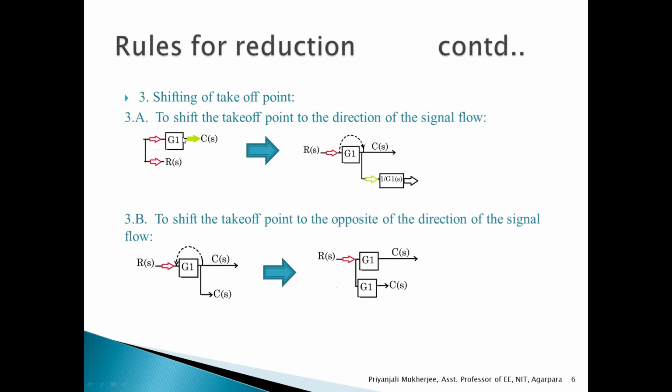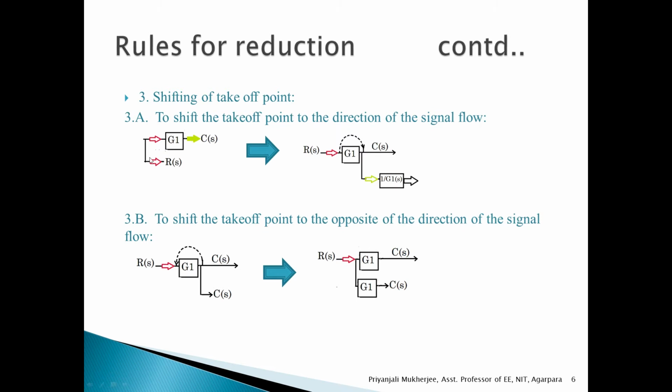So here this is a block G1. Input is R(s) and output is C(s), and the takeoff point is located before the G1 block. That means we are taking the R(s) signal as the output of this takeoff branch. Now this takeoff point has been shifted to the right of the block. That means it has been shifted here.